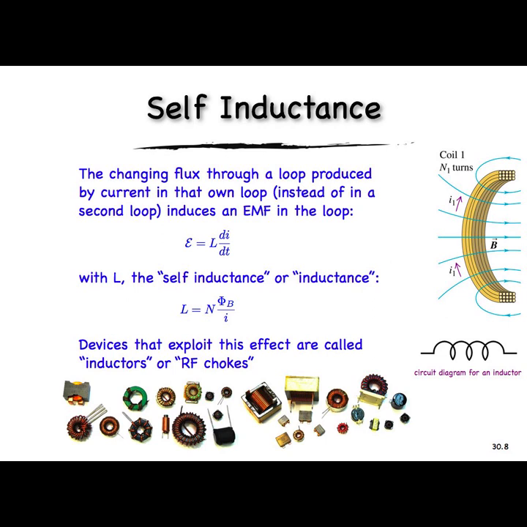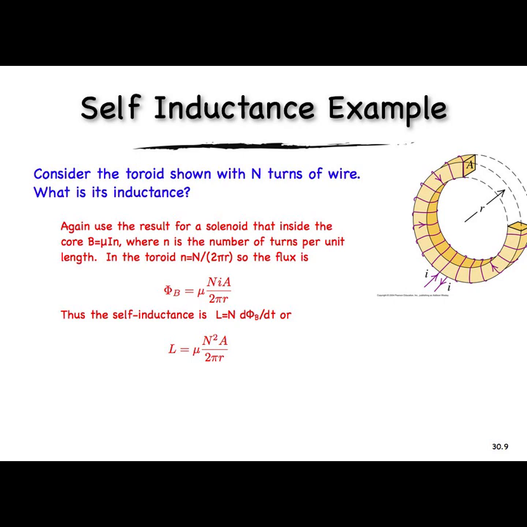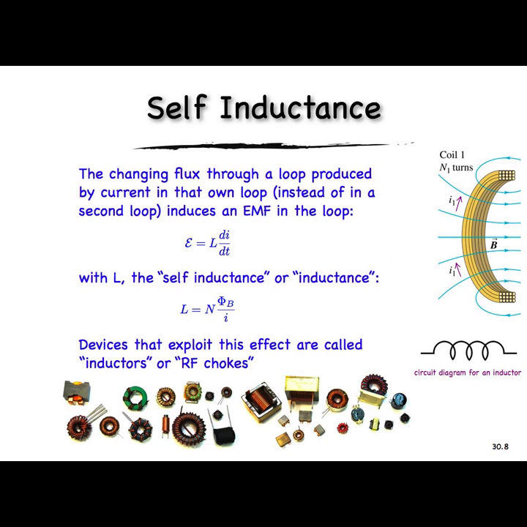So to do that, we need to know the number of turns, which we're given, the flux through the cross-sectional area, and the current going in. So first we need to know the magnetic field through the core. And then when we multiply that by the area, we will get the flux.